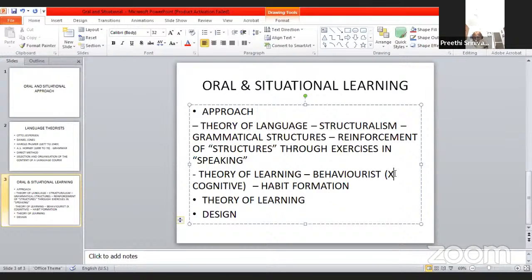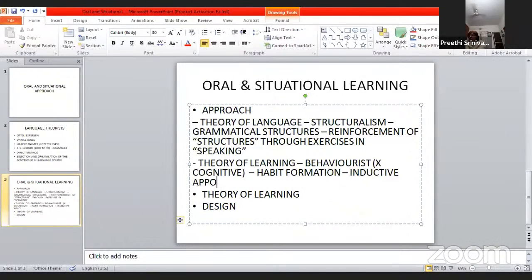Okay. And then there's also an inductive approach. Another word for inductive is also deductive. You deduce.